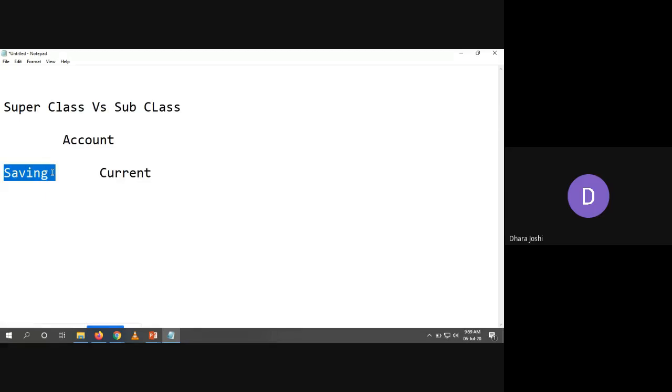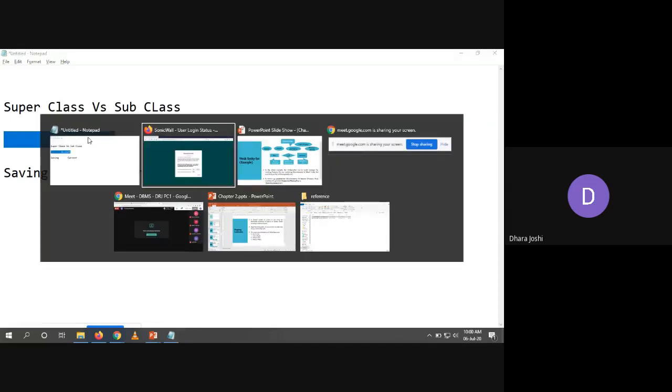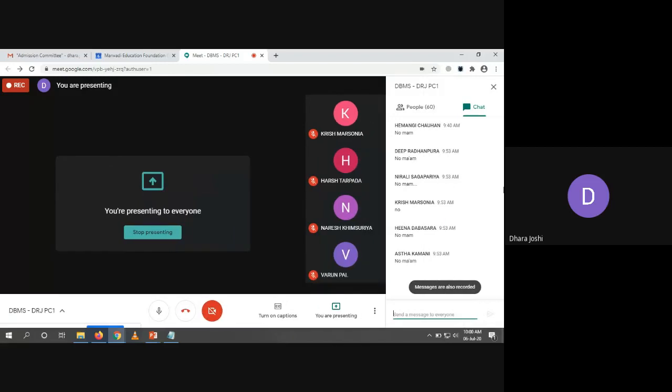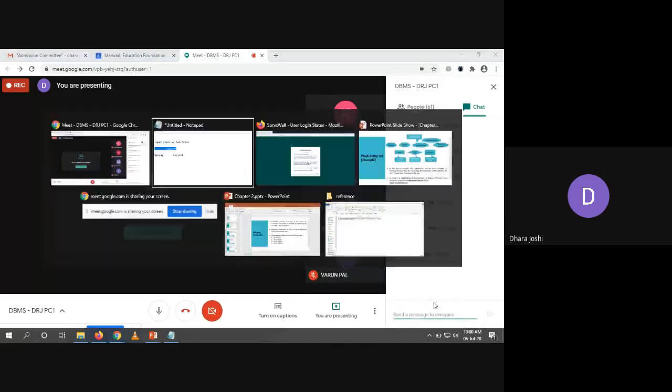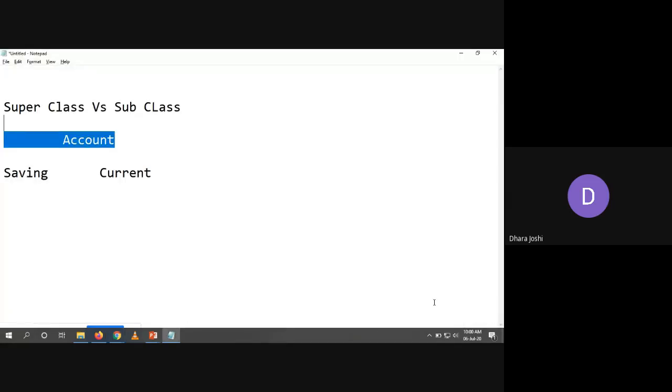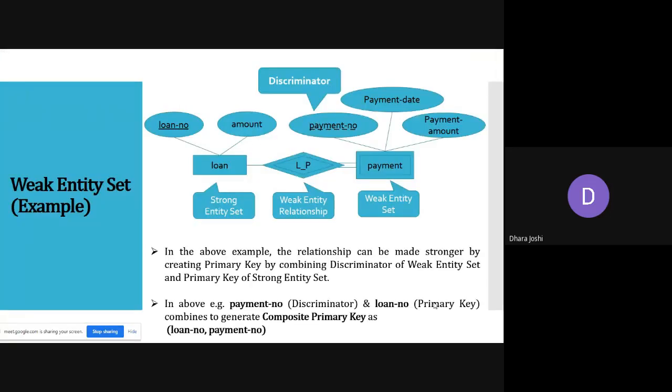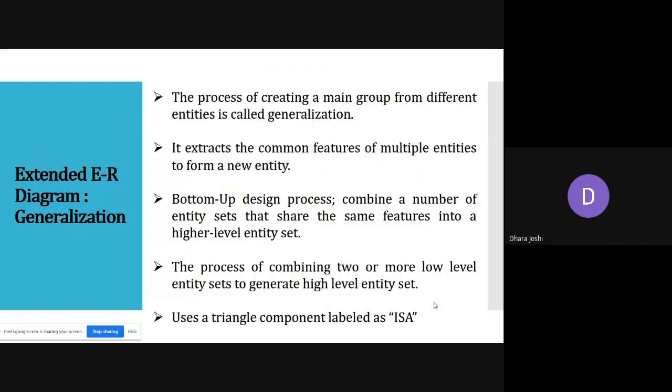So saving and current are two different entities derived from account, and they can inherit the attributes of account. Okay, now we are moving forward to our concept, generalization and specialization.